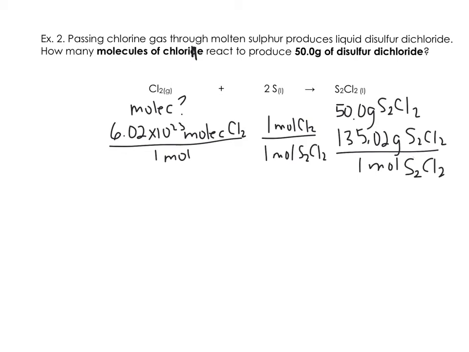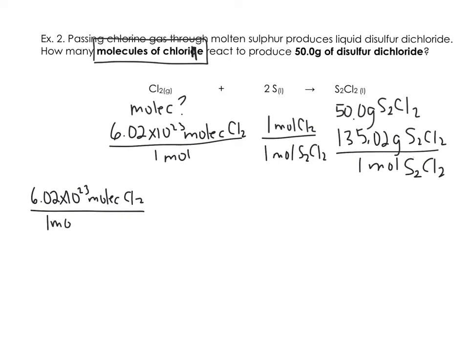Hopefully it's enough information. So we want molecules of chlorine in our answer. So what ratio or value here contains molecules of Cl2? So it's this first one. And molecules of Cl2 have to be on the top, so we're going to use Avogadro's number as it is. One mole of chlorine. All right, so we've got to get rid of moles of chlorine.